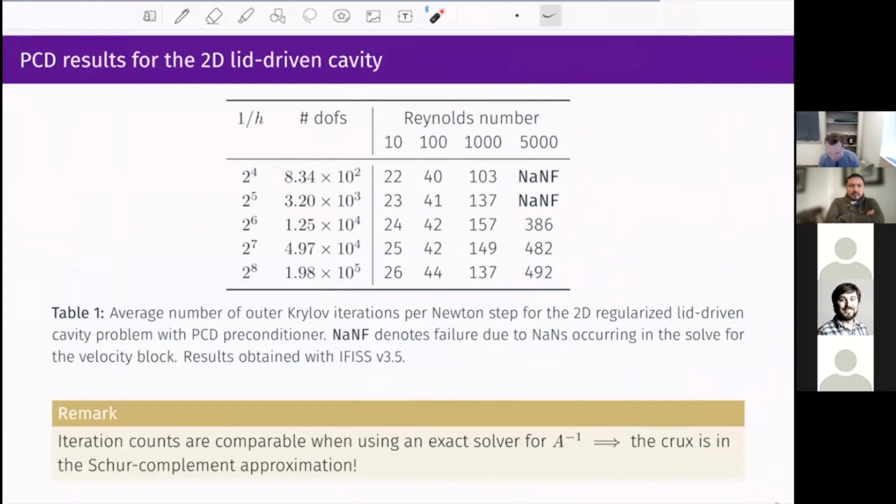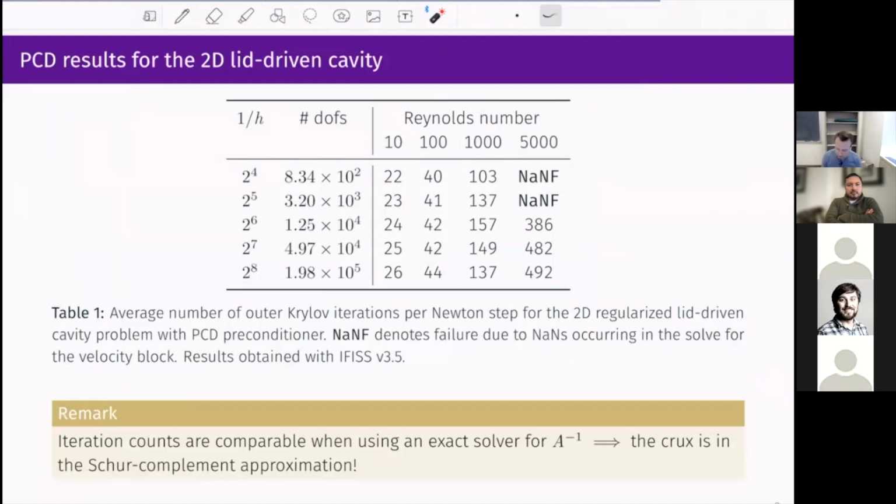So here's an example. This is using existing codes that were published by the authors of the previous paper for one of the standard benchmark problems. As we go down, we make the mesh finer, so we increase the number of degrees of freedom, and iteration counts increase slightly, but they're essentially constant. So that's fantastic.